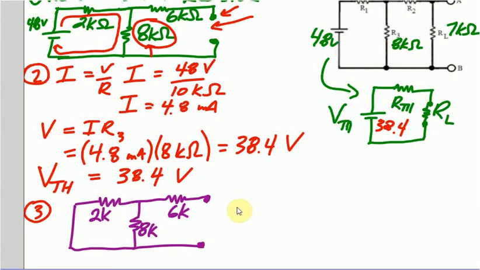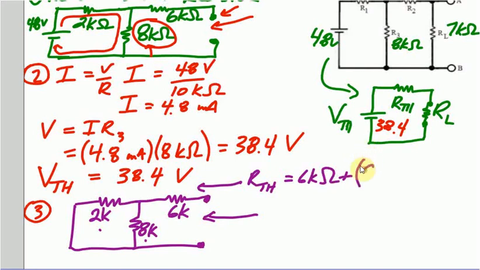What you want to do is find what we call the Thevenin resistance. That's the resistance as if you were looking in this way and hooking across this way. When you look in this way, if you could push current in this direction right here, you would see a 6K ohm resistor in series with a 2K and an 8K in parallel. So the Thevenin resistance is equal to 6K ohm in series with a 2K, and this is the symbol for parallel to, in parallel with 8K.